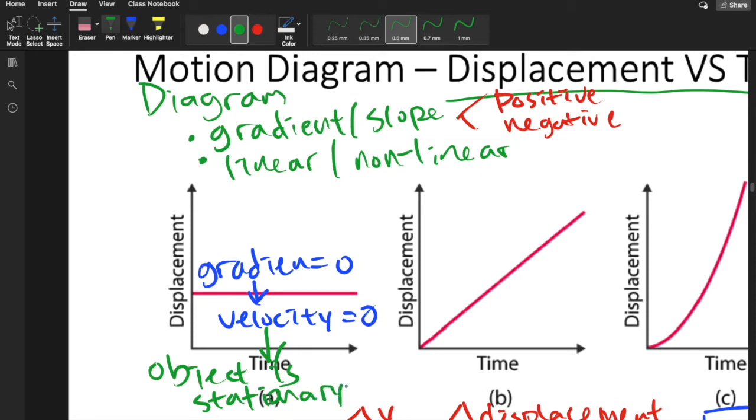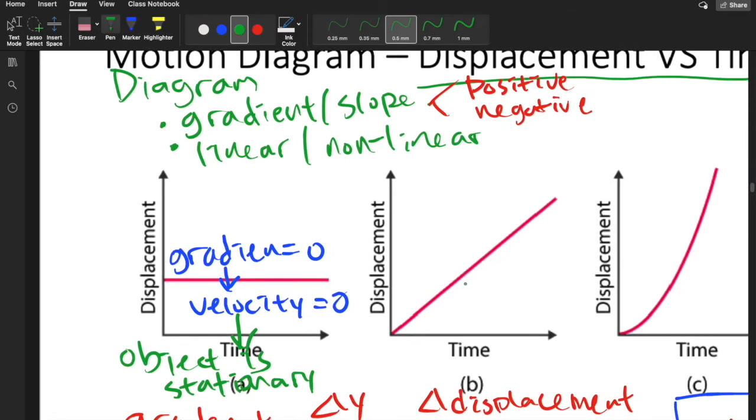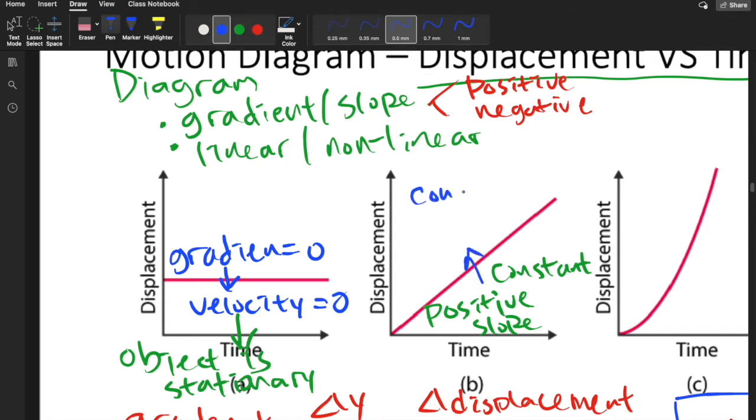When an object has a velocity of 0 meters per second, the object is not moving, so it is stationary. And this one has a positive slope, and it is constant, which tells us the object has a constant and positive velocity.